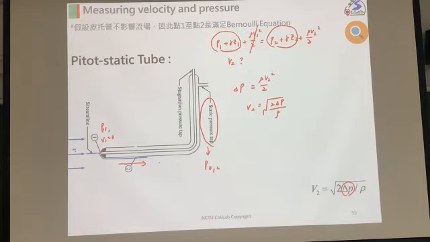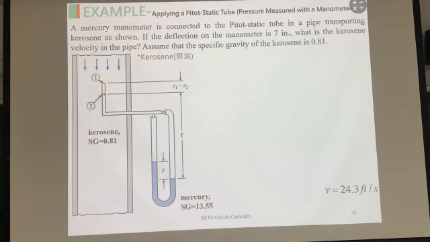If you look at the pressure difference, you can compute the flow velocity very quickly at location 2. Okay, so this is the idea of the Pitot tube.